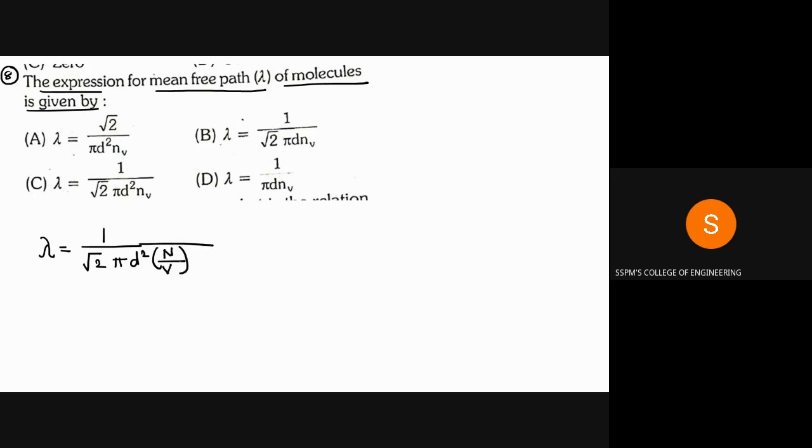Okay, so this n upon v is represented as nv. So the correct option is 1 upon square root 2 pi d square nv, which is option C. So remember this basic formula for lambda, which is the mean free path.